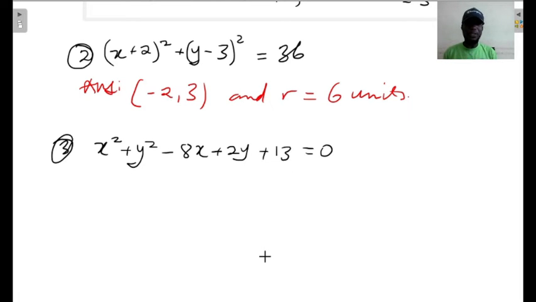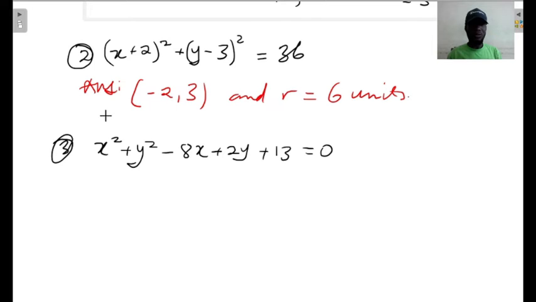Example 3 is in the general form, the general equation of a circle, and still we are finding the center and radius of the circle with equation x squared plus y squared minus 8x plus 2y plus 13 equals 0. In this case, again, we are going to write the general equation of a circle, then we compare.